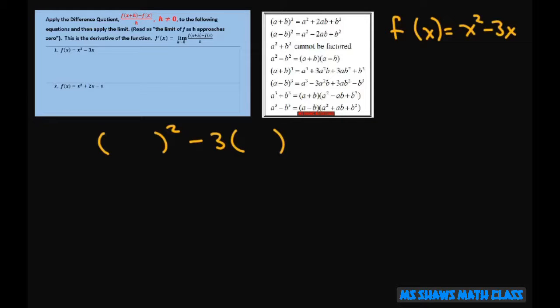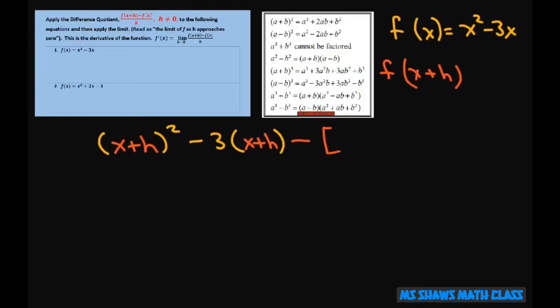So let's get started. Our first equation is f of x equals x squared minus 3x. So the first thing I do is the first part of the equation. I get x squared minus 3x, and I'm going to input x plus h because we want to find f of x plus h.